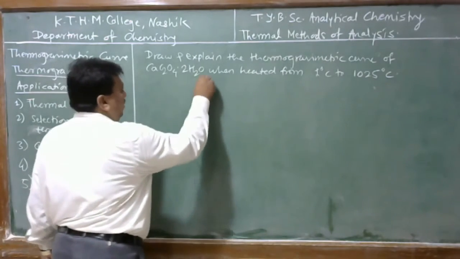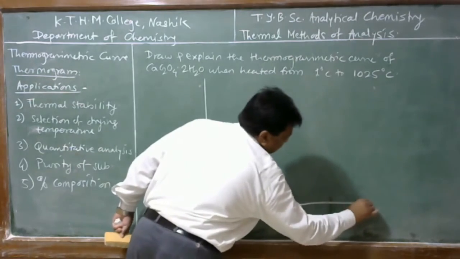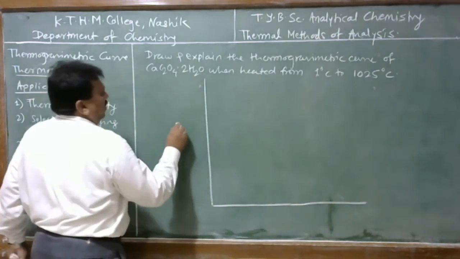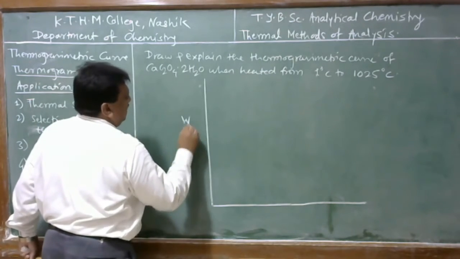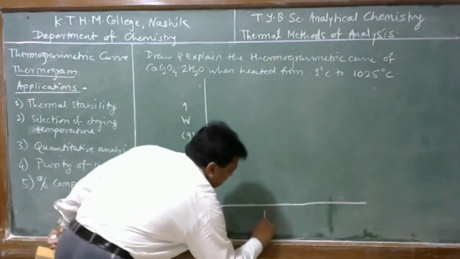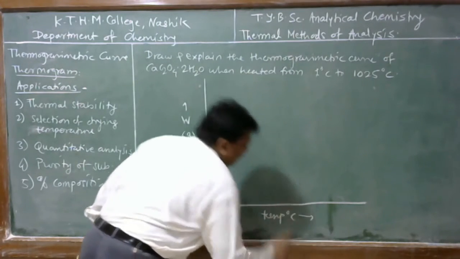We know that the pyrolysis curve is a graph of loss in weight, or weight in gram or milligram, versus temperature in degree centigrade.